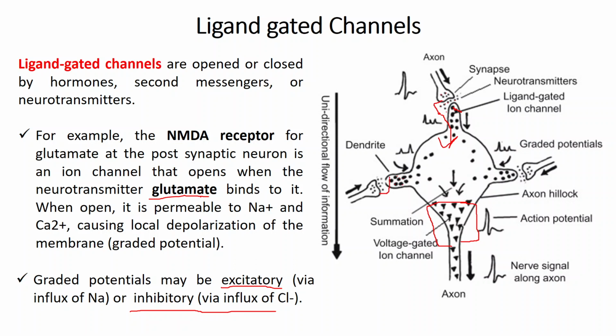Glutamate, when bound to the ligand-gated ion channels, will open them. And when they are open, sodium will rush into the cell, right? And so when sodium gets into the cell, it will generate a graded potential, but it's very small. Since this location doesn't have voltage-gated ion channels, the depolarization will lose its strength by the time it reaches the axon hillock.